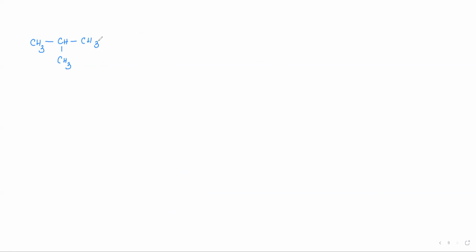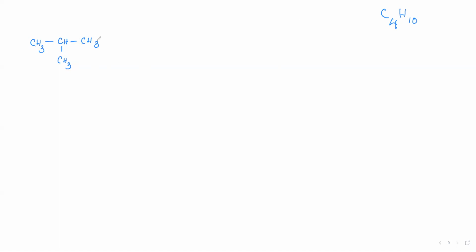Now, see here. Look at this compound. This also contains 4 carbons and 3 plus 3 plus 3, 9 plus 1, 10 hydrogens, exactly like butane which we discussed. But the arrangement of carbons is different.